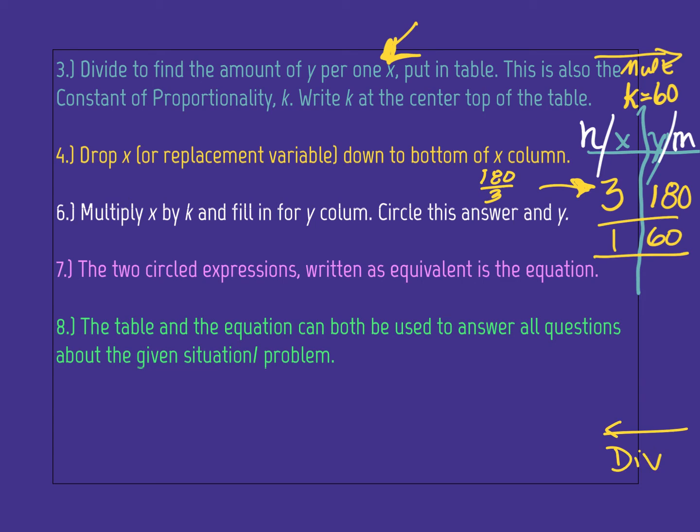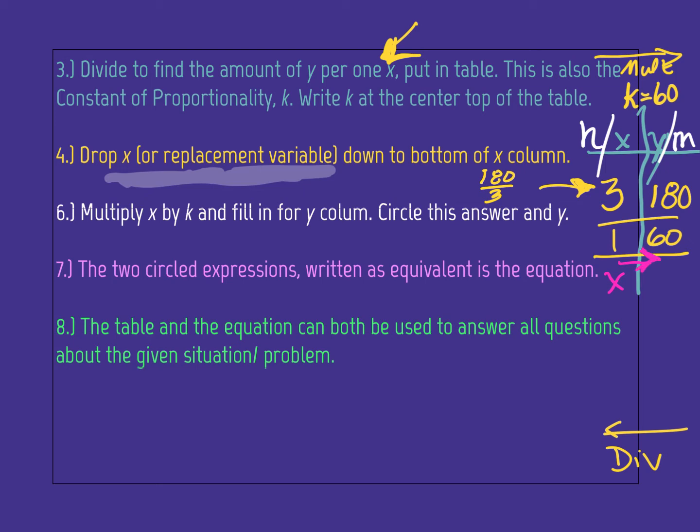Okay. Then it says that I should drop my X or the replacement variable. So I'm going to drop the H. Actually, I'm going to drop both. I'll drop the X first, down to the bottom of the X column. Multiply X by K. Well, K is 60, right? And I know I'm going in this direction, so I'm supposed to multiply, so that makes sense.